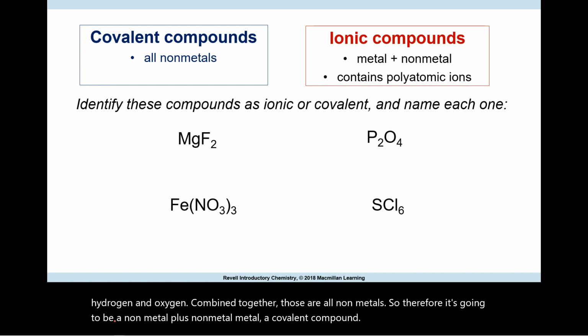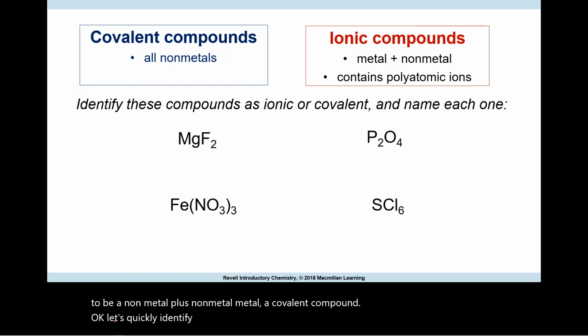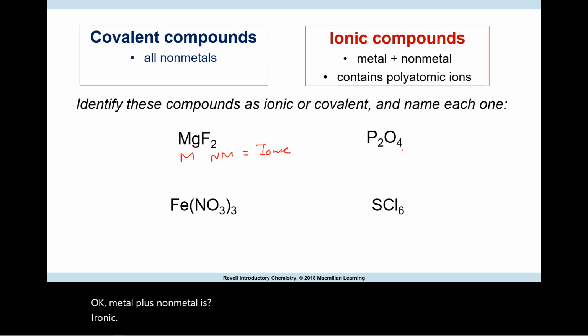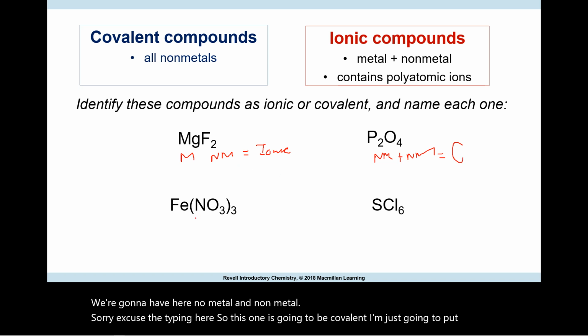Okay, let's quickly identify these as covalent or ionic. We have a metal and a non-metal. Metal plus non-metal is ionic. Here we have non-metal and non-metal, so this one is going to be covalent. I'm just going to put a C for covalent.